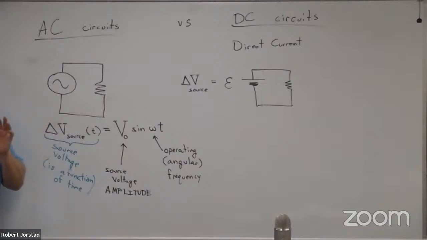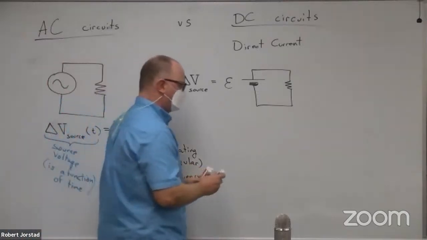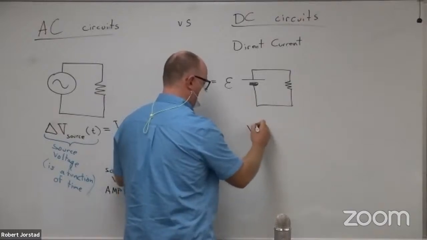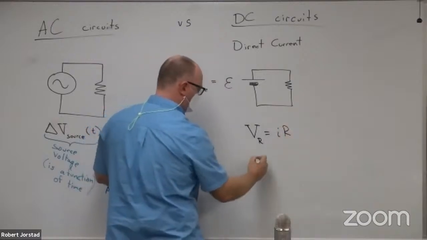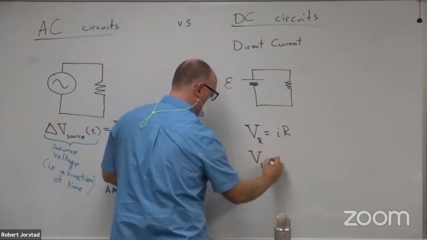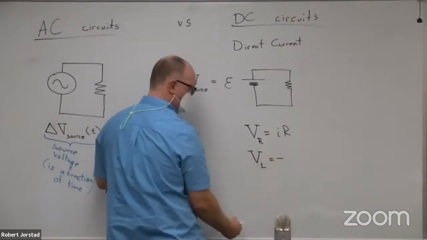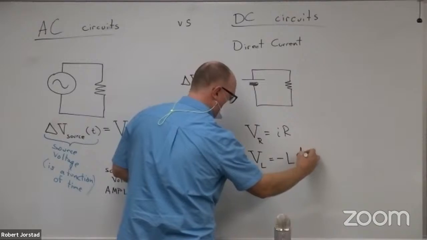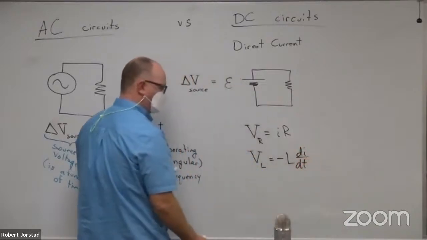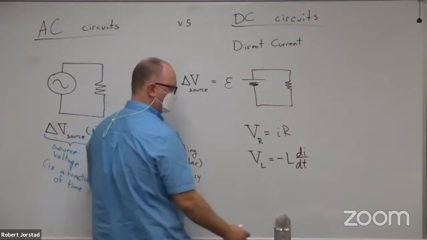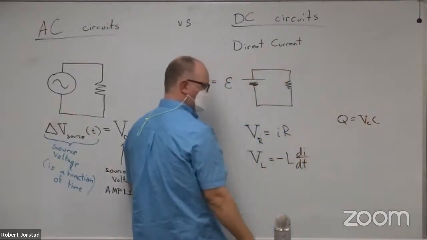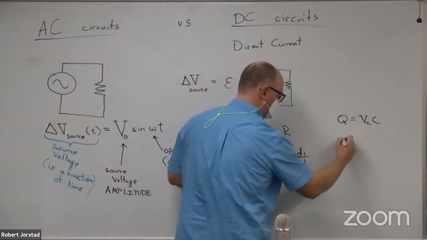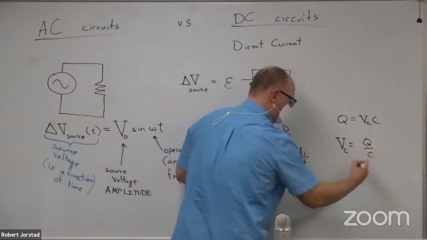Now, I know it's about time to go. Here's what gets really, really annoying. What are our equations for voltage across a resistor? What's our equation for voltage across an inductor? What's our equation for a capacitor? And then we took what, right? Can't we solve this? But wait.